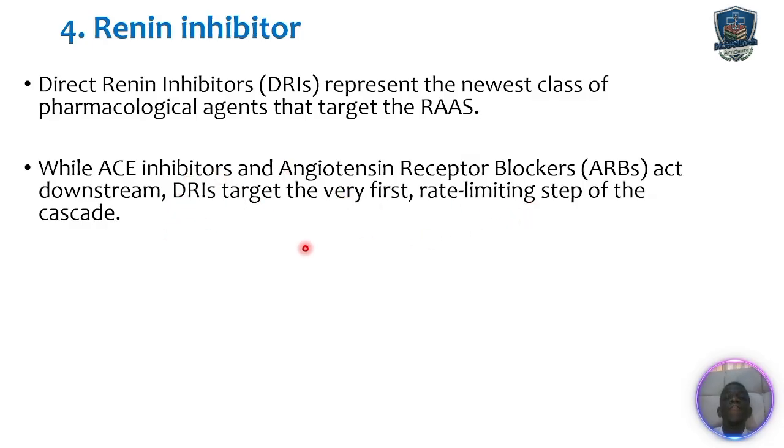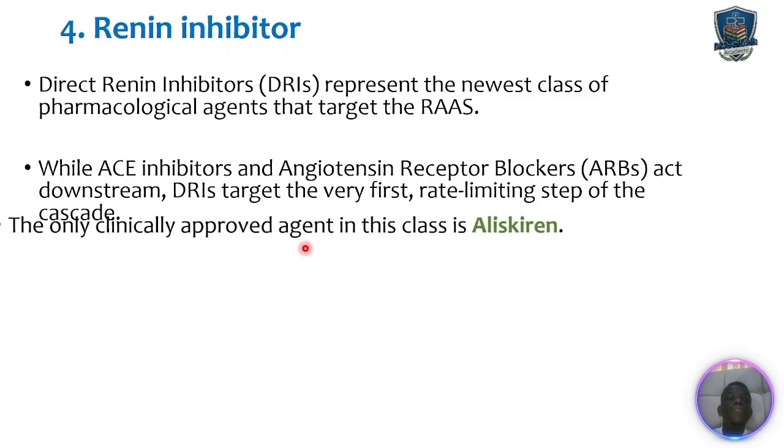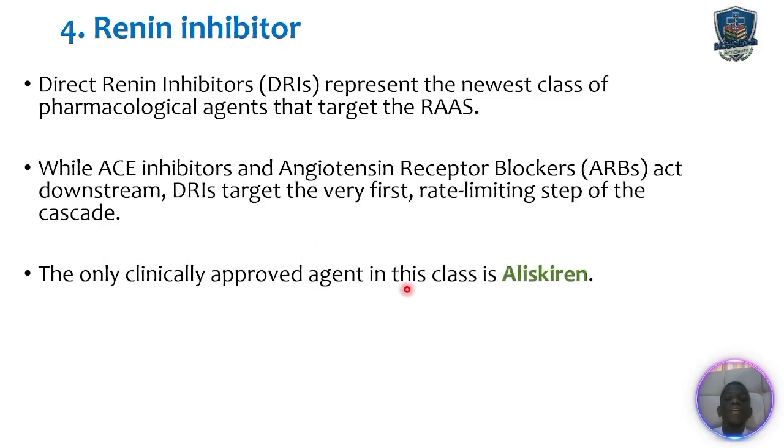Remember, the first step of the RAS system is the production and release of renin from the juxtaglomerular cells. So what if you can just stop that first start? You're stopping the production of renin from happening. That's how this drug acts. The only clinically approved drug here is aliskiren.